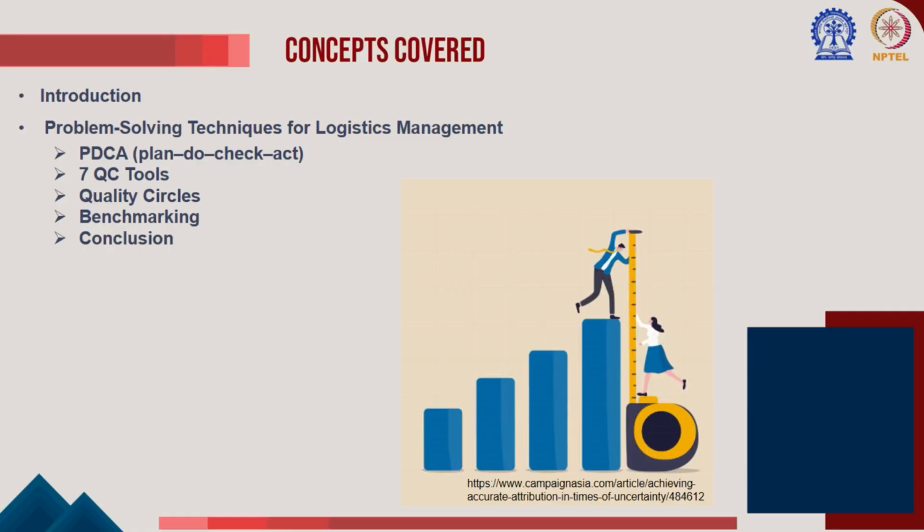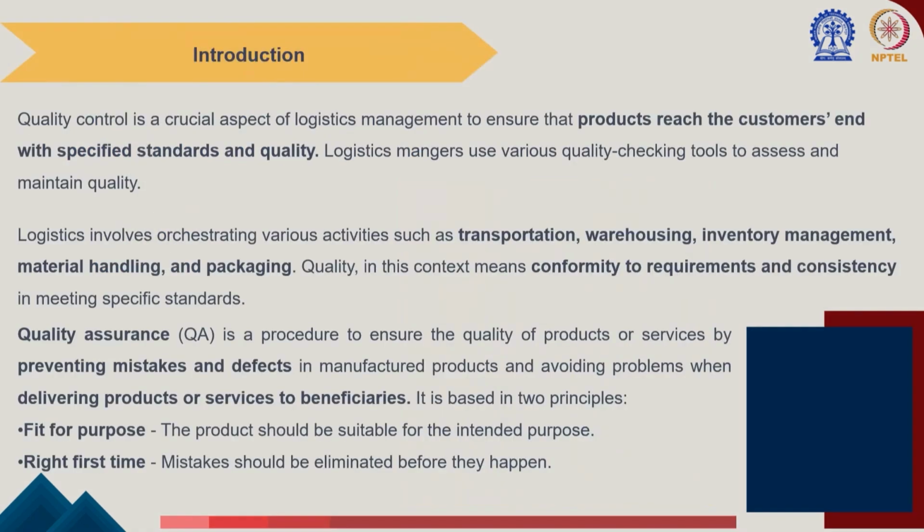And then another famous framework is the quality circle. Then we will discuss how we can benchmark the best practices in this industry, and finally we will conclude with how we can improve the overall performance, or the total quality of this complete logistics network, right. So, we may spend a couple of sessions on discussing these techniques.